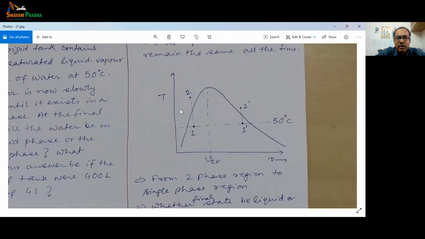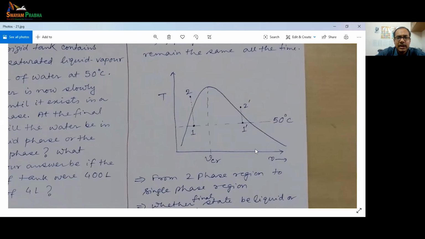Now you just see this schematic diagram, we don't know the exact values of anything. So this is a temperature-specific volume plot of water, and this is the saturation dome, right? We have seen this earlier in the last tutorial. This is the saturation dome, and in between we have a 2-phase coexistence zone. Liquid and vapor coexist.